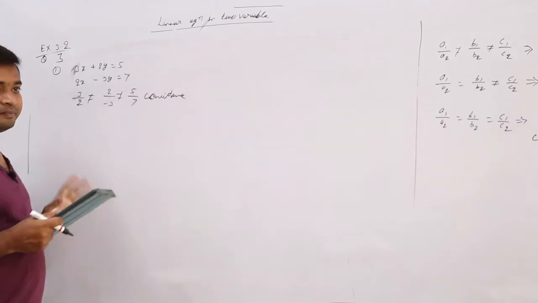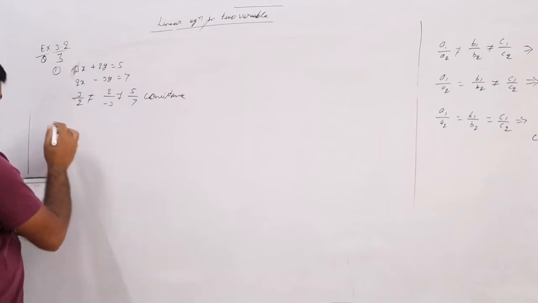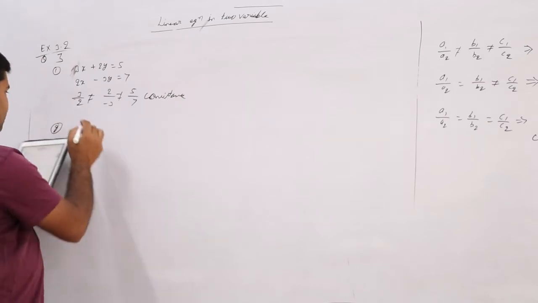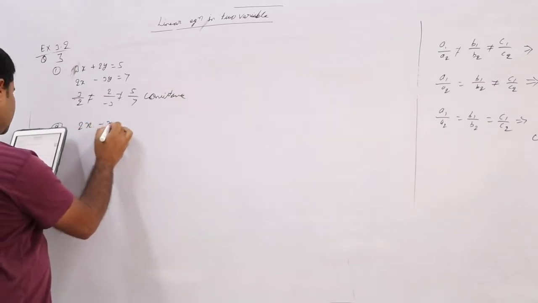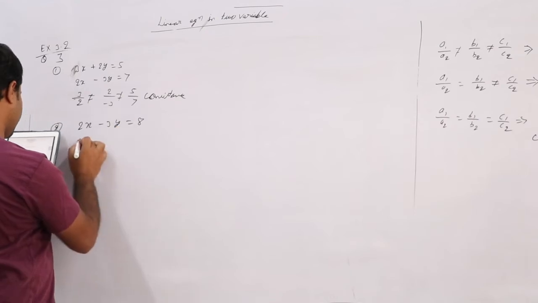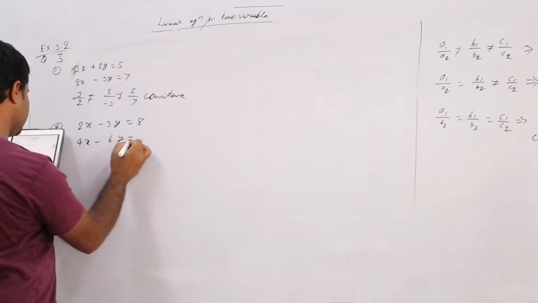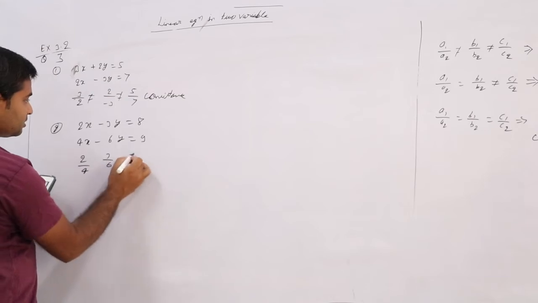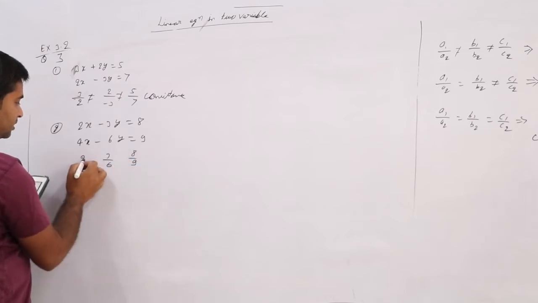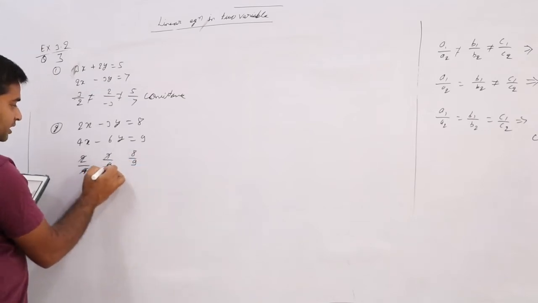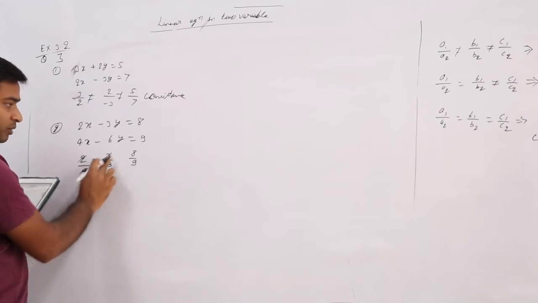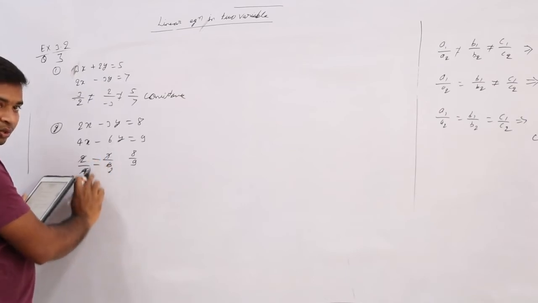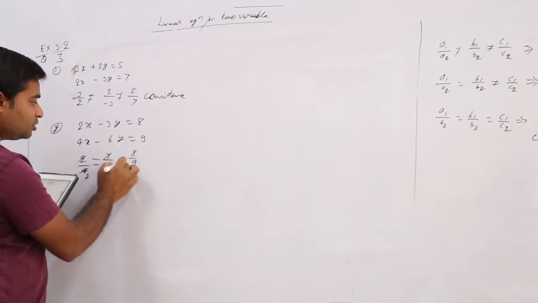Listen and understood. Question number 2 is saying 2x - 3y = 8 and 4x - 6y = 9. So 2 by 4, 3 by 6, 8 by 9. See, this is 1 by 2 and this is 1 by 2, and this is not equal.